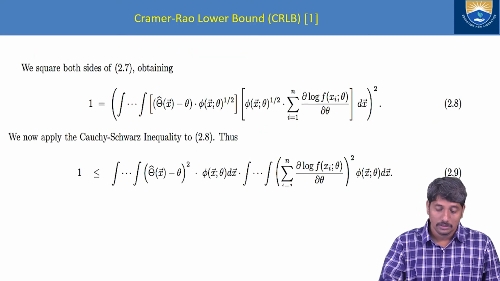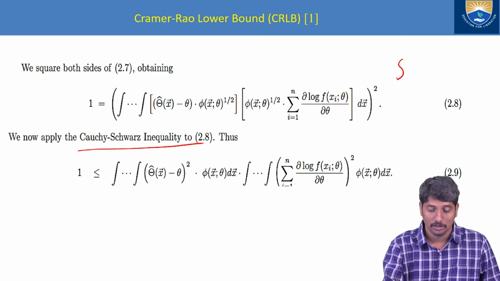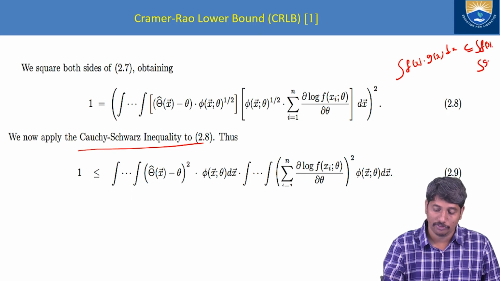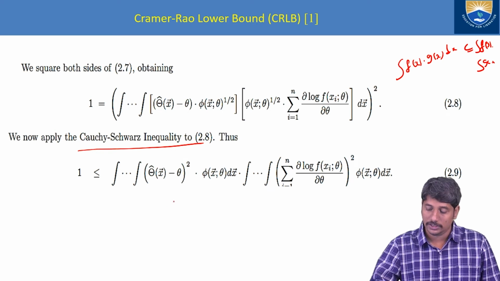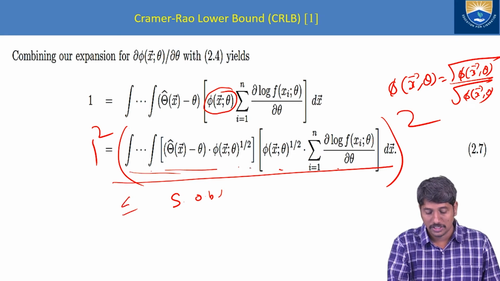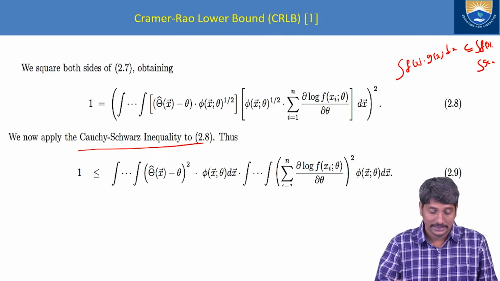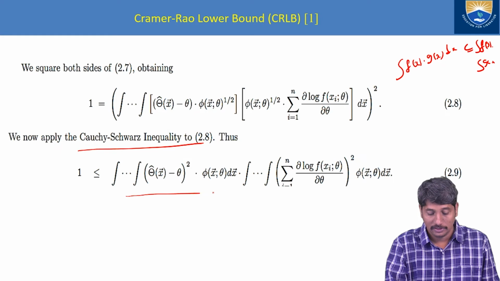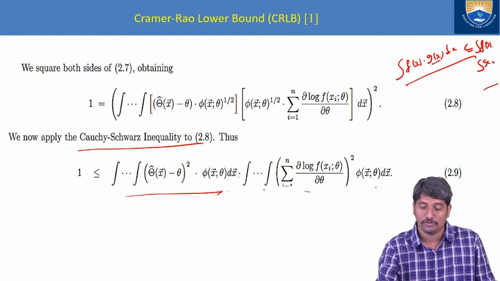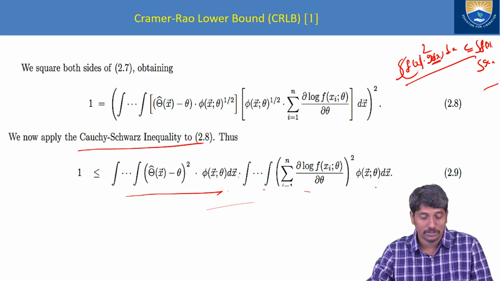Then we will get, by using Cauchy's square inequality, which says that the integral of f of x into g of x whole square is less than or equal to the integral of f of x squared into the integral of g of x squared. Here we are assuming g of x is also f of x. So we could split this as integral of this into n times integral of this, by using Cauchy's square inequality.